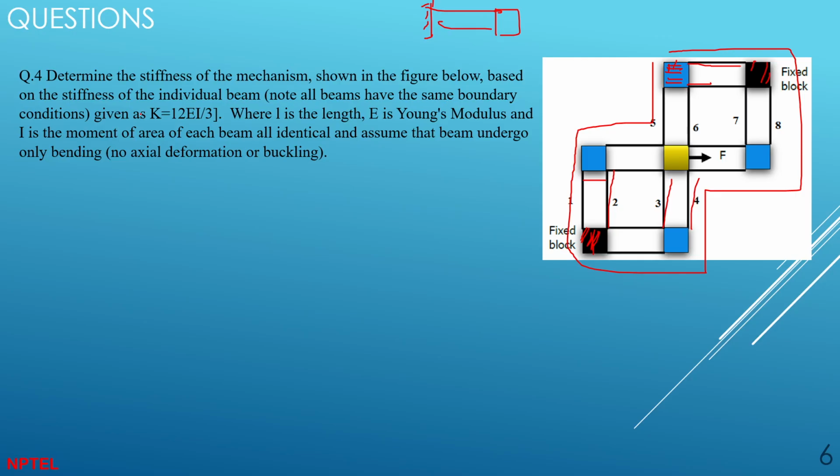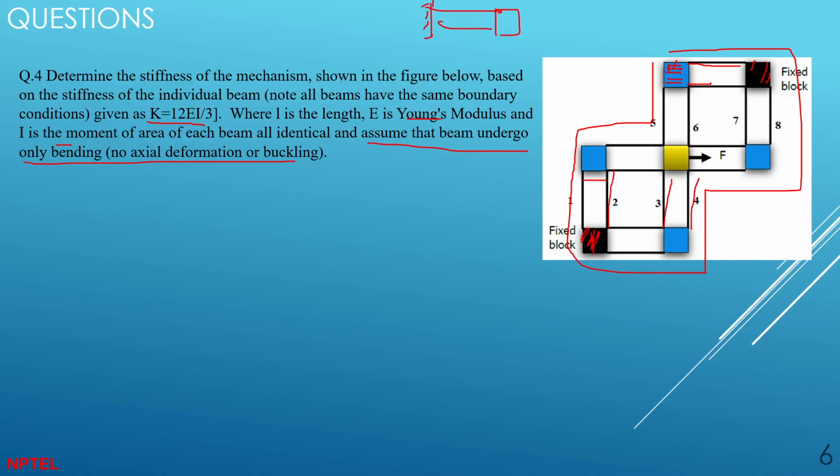The stiffness of each individual beam is given, if there are 8 beams. Young's modulus is given, I is given, and the area of each beam is given as identical. I is the moment of inertia. All beams are identical, and assume that beams undergo only bending, no axial deformation or buckling.